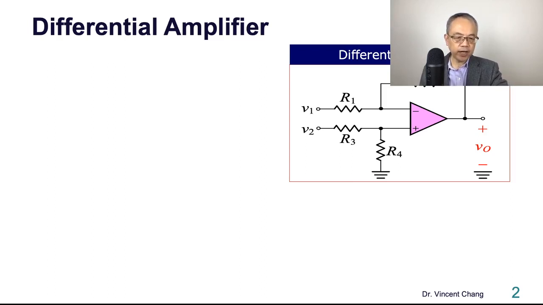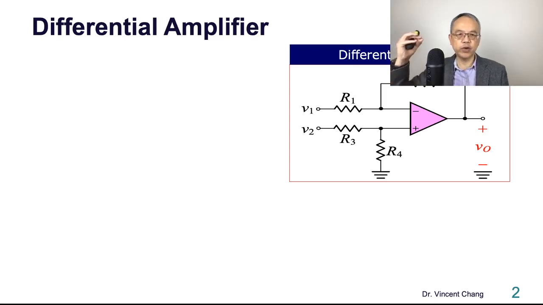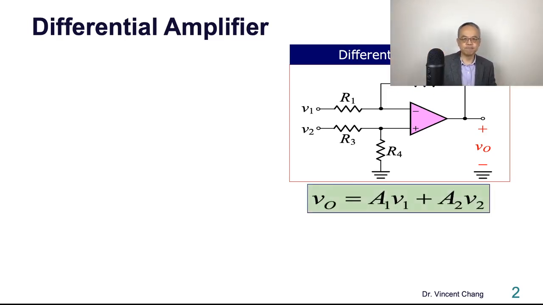On the right-hand side is a differential amplifier, which is composed of one operational amplifier and four resistors, R1, R2, R3, and R4. Two inputs and one output. Two inputs on the left, V1 and V2, and one output.